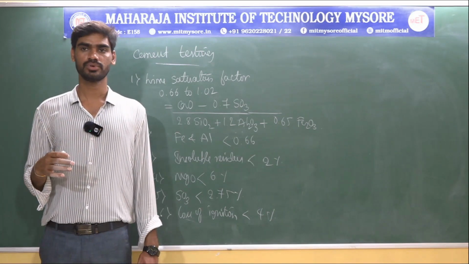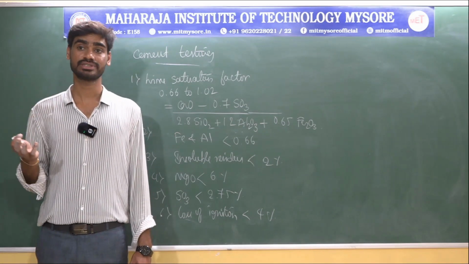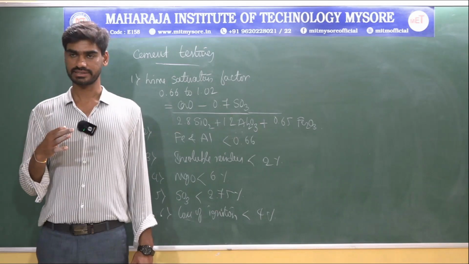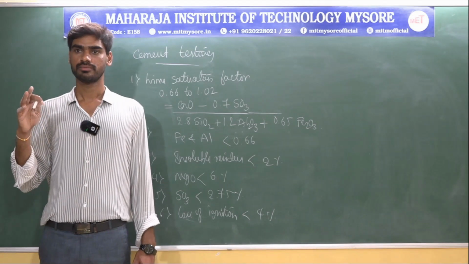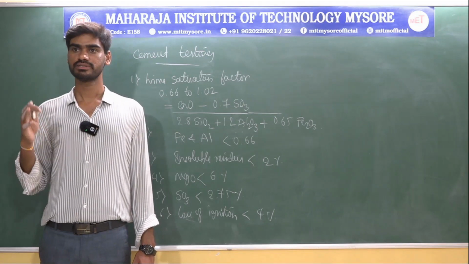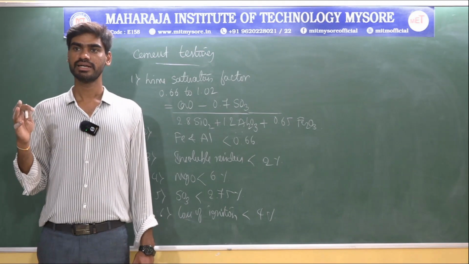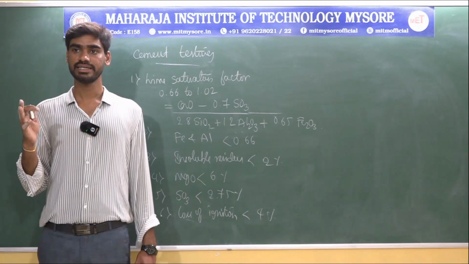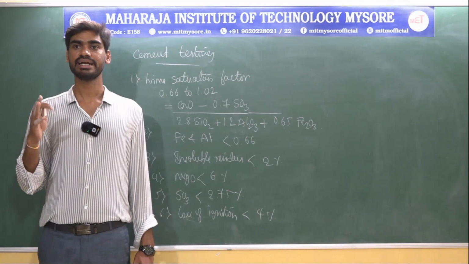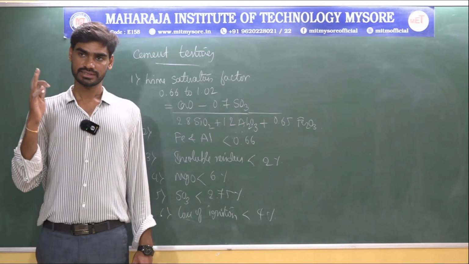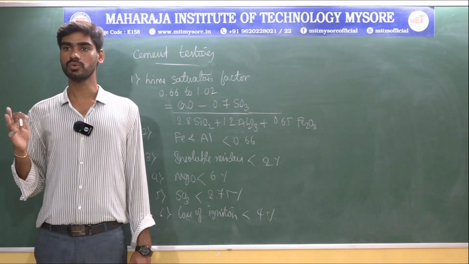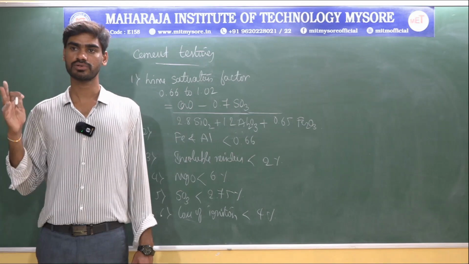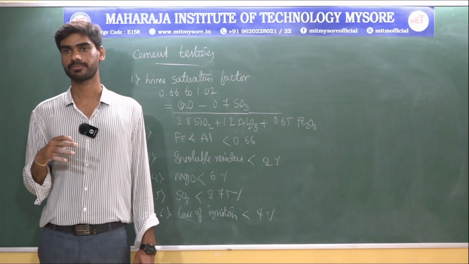The next important physical requirement is compressive strength. This test is carried out on a cube obtained by treating 1:3 ratio cement and sand. That cube should withstand 1.6 and 2.2 kg per mm square for 3 and 7 days respectively.